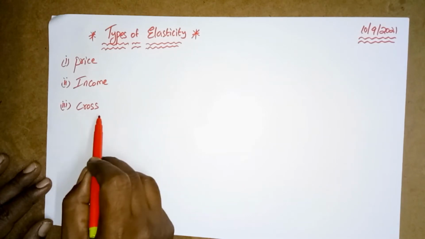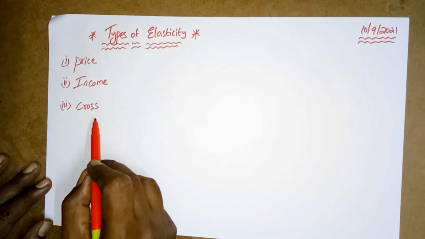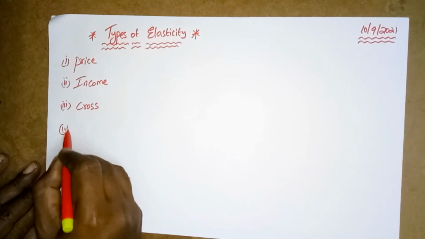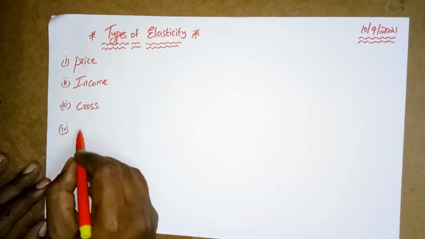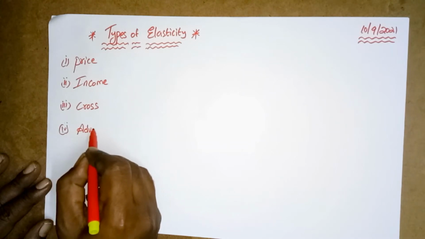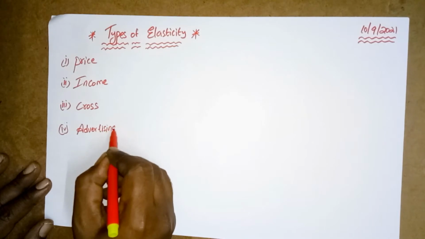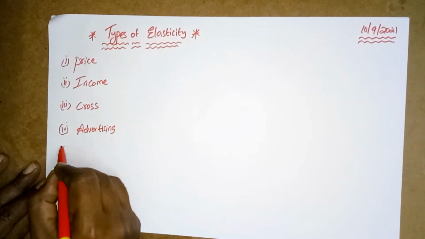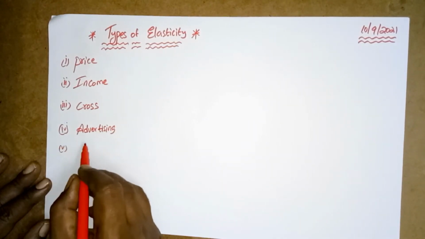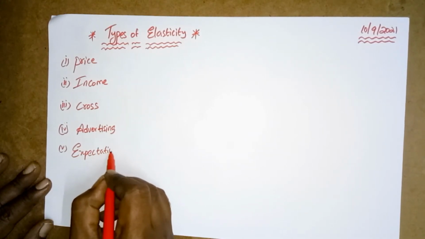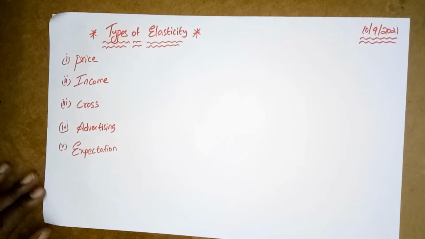The fourth one is advertising elasticity, and the fifth one is expectation elasticity. So these are the five types of elasticity.